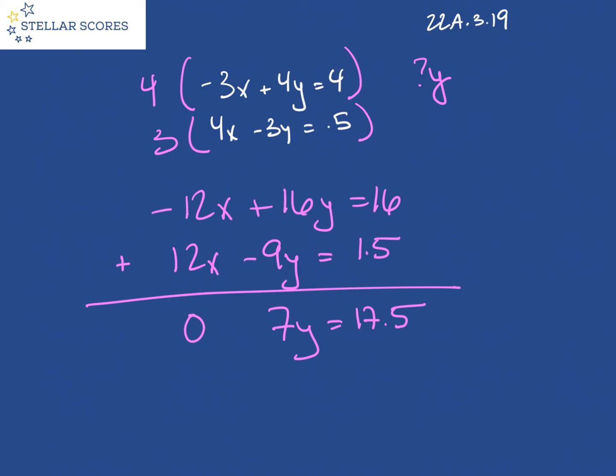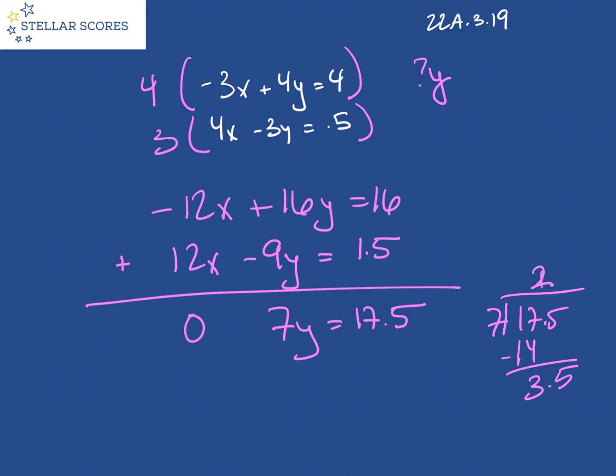So 17.5 divided by 7. Non-calculator section, so let's think about it. 17.5 divided by 7. 7 goes into 17 two times, and that's 14. Then I subtract the 14 from the 17.5 and I get 3.5 left.